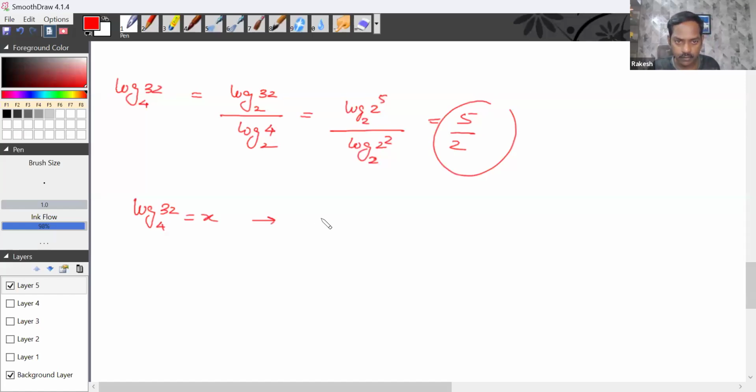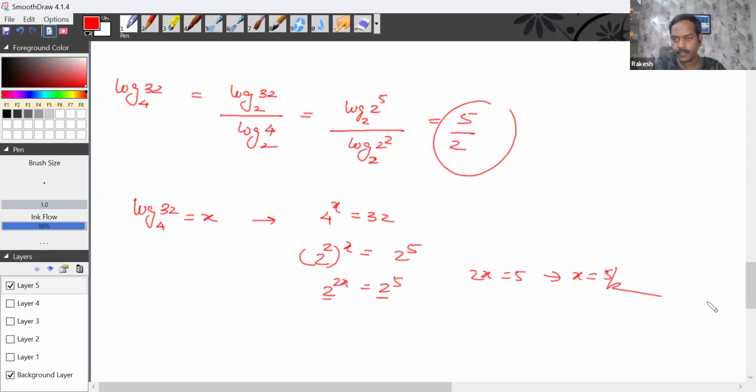This is actually equal to 4 to the power x is equal to 32. So 2 to the power 2 whole to the power x is nothing but 2 to the power 5. 2 to the power 2x is equal to 2 to the power 5. Base is same, so the power should also be same. That will give me the value of x to be 5 by 2. You can compare. So either you can apply the properties or you can convert it to this.